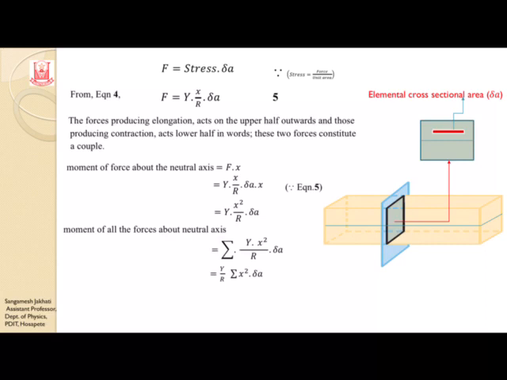Under summation we are left with only sigma x square into delta A.